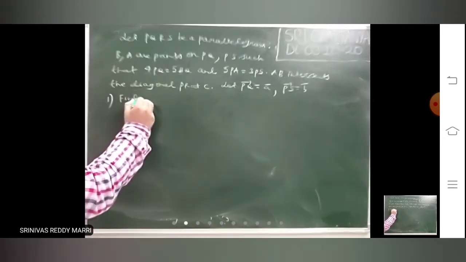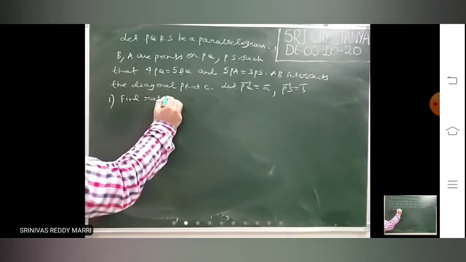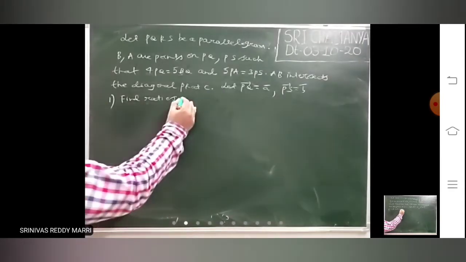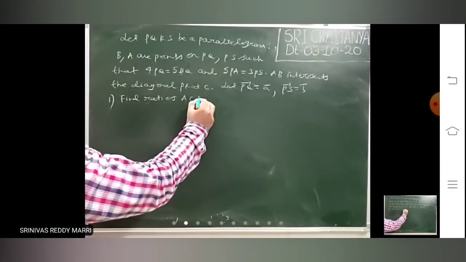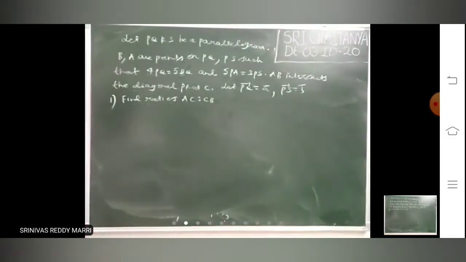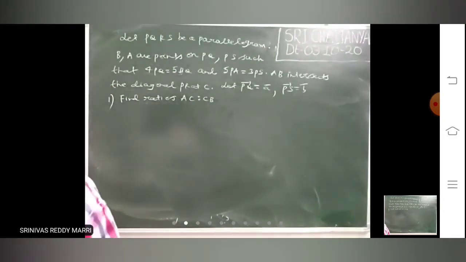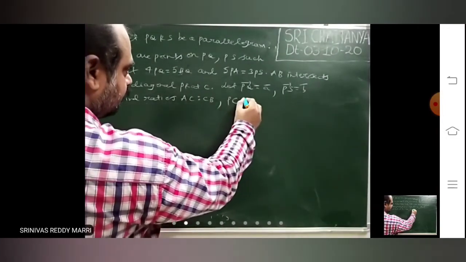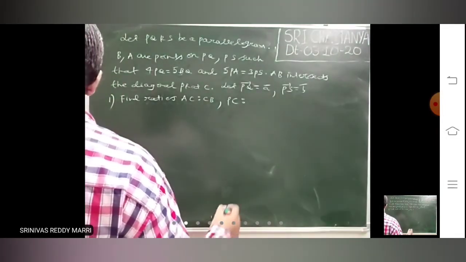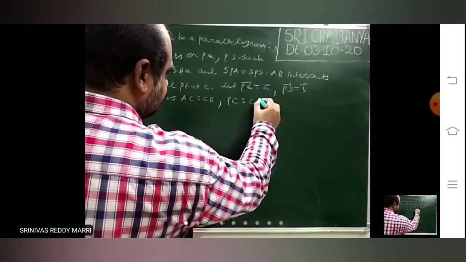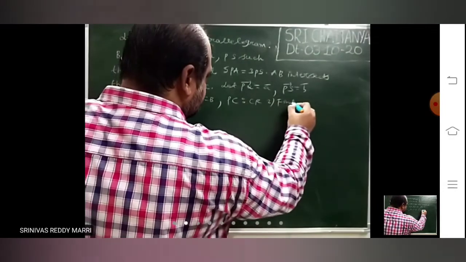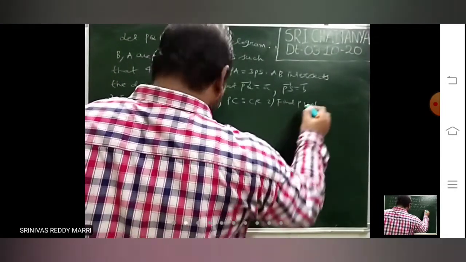Find ratios AC is to CB, comma PC is to CR. First question. Second, find position vector of C.